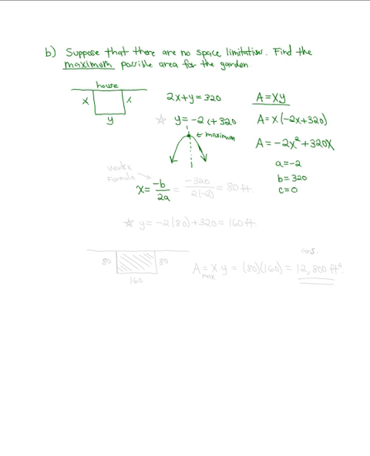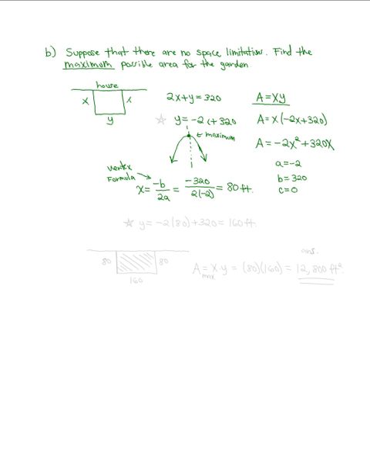So taking those and plugging them back into our vertex formula, we get negative 320 divided by 2 times negative 2. And when you do that calculation, you get 80. So the maximum amount of area happens when x is 80 feet.